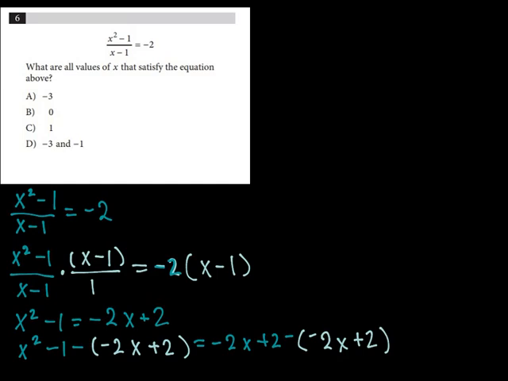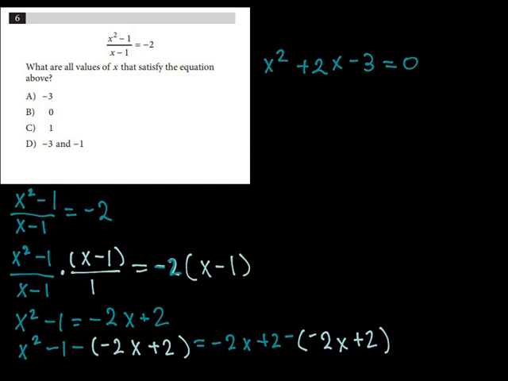Now we just simplify this, and we would be getting x squared plus 2x minus 3 equals 0.